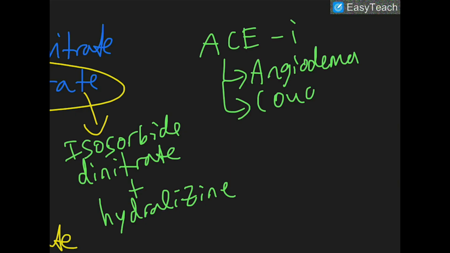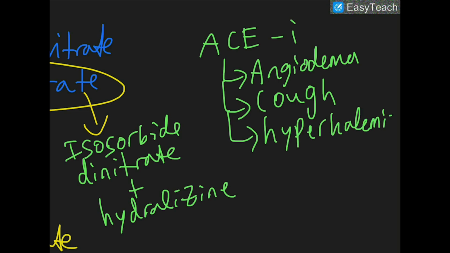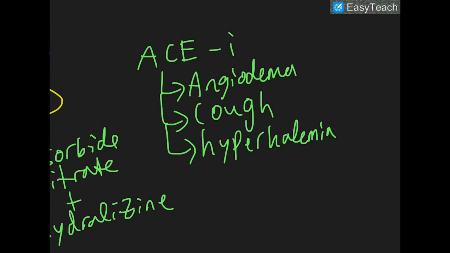Severe cough and bronchoconstriction, pulmonary issues can be a side effect, along with hyperkalemia and so forth. So if there are certain populations that have heart failure and cannot tolerate ACE inhibitors, we need another substitution for a drug that can do what ACE inhibitors do hemodynamically, but that doesn't cause these side effects in these populations.